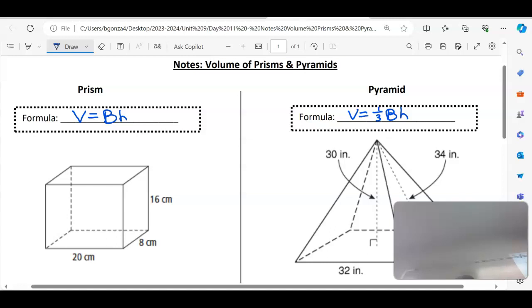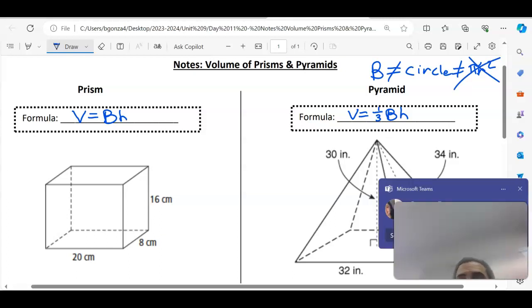The exact same formulas. Here's the only difference, okay? The B is not a circle, so it's not going to be pi r squared. No more pi r squared for the big B, because obviously there's no radius, because there's no circle, okay?